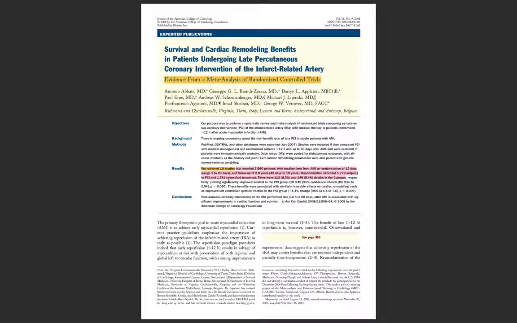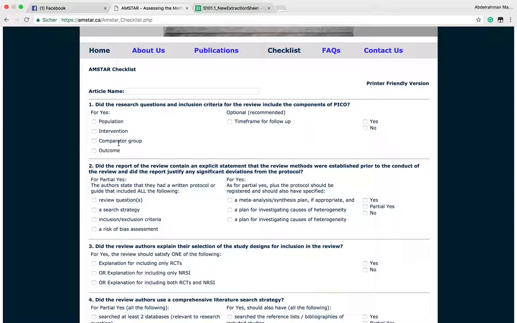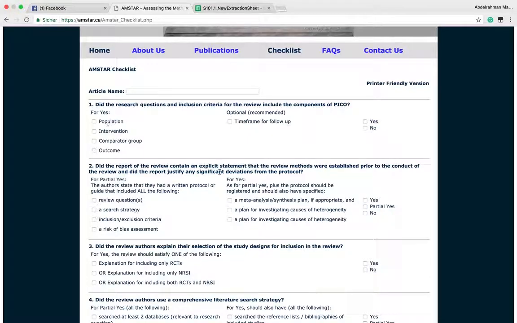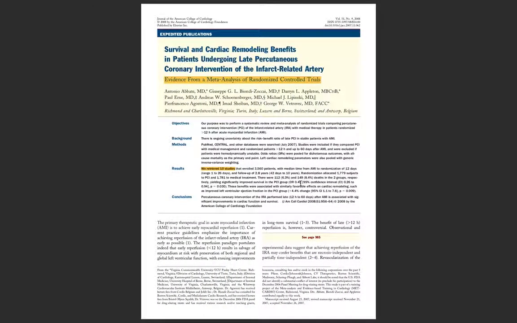Yes, we have a comparator group, which was randomization allocated for PCI and for medical treatment. So we have comparator group. What about the intervention? Okay, we have PCI, which is the intervention, and the population. We have, of course, the population: patients with median time for randomization. What do we have here?